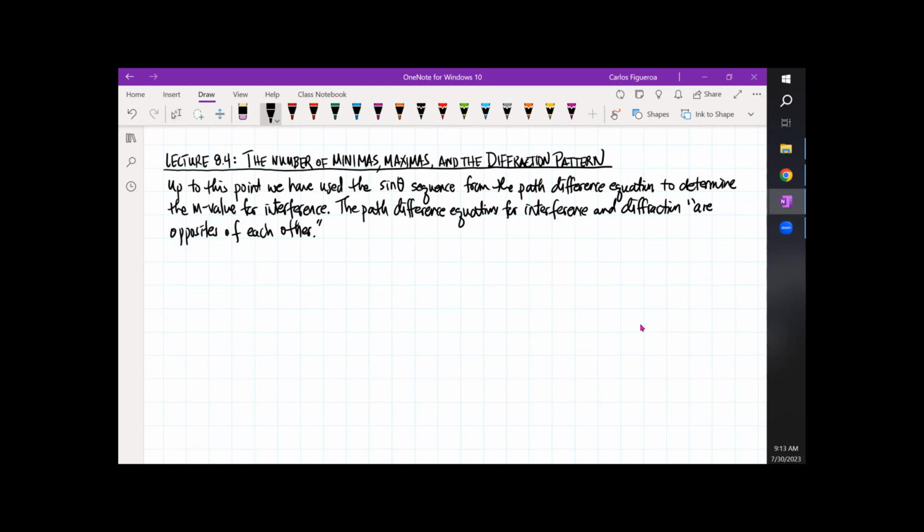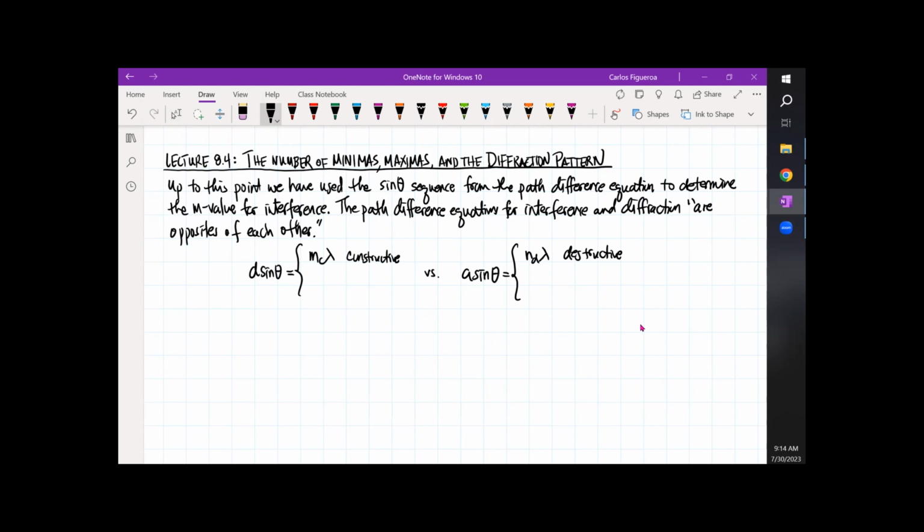Here's what I mean. If I look at d sine theta, we can see here that I have m lambda, and that gives us constructive. But if I look at diffraction, I have a sine theta, and this gives me destructive.